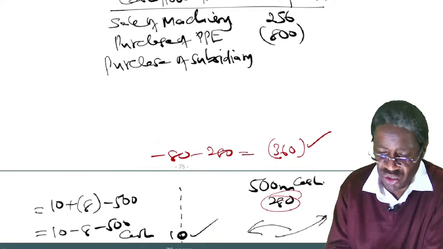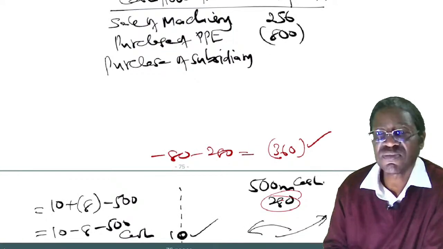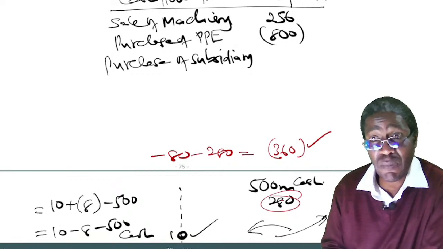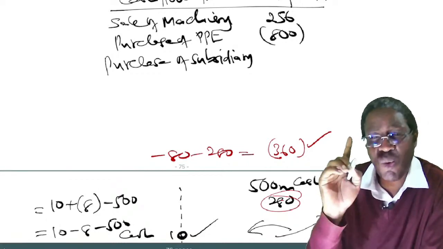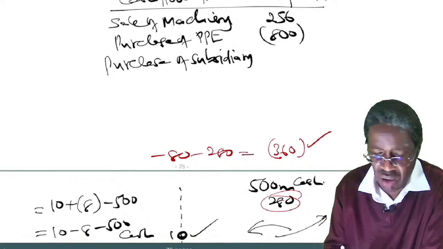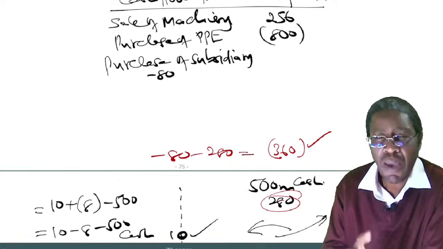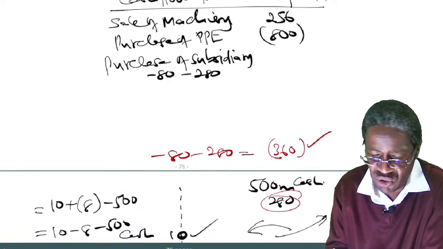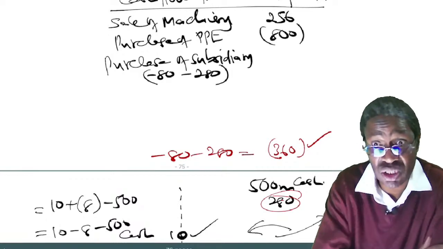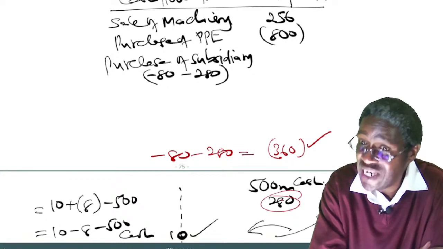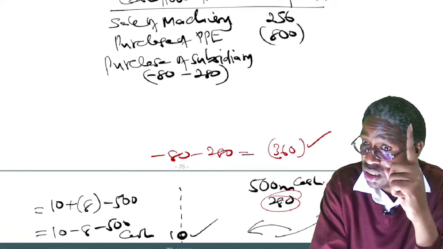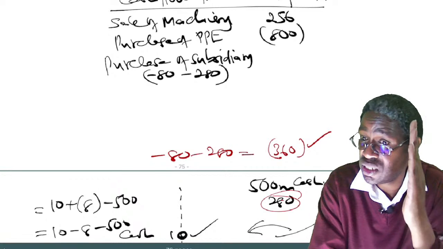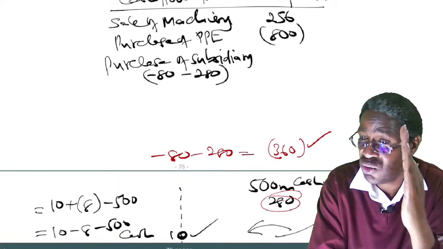No. So do this. Now put it. We come and say a purchase of subsidiary. Take what came in. How much? Negative 80. Minus what went out. How much? Negative 280 in cash. I paid 280 in cash. Though the cost was 360, but in cash I paid 280.